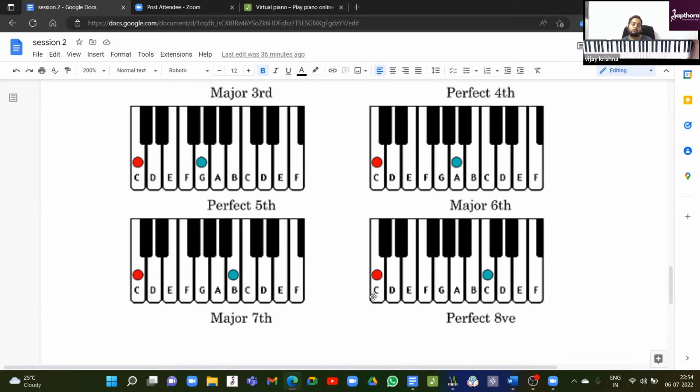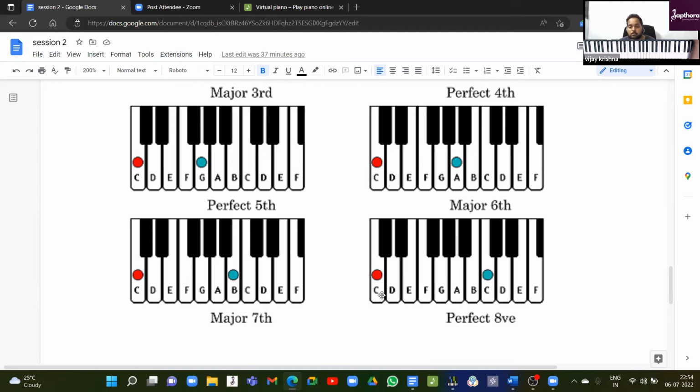So the first root note, the C, 2, 3, 4, 5, 6, 7, 8. As I said previously, there are only 7 notes in the scale, and the eighth note will be the same as the first note.